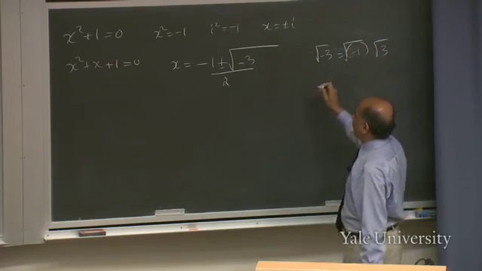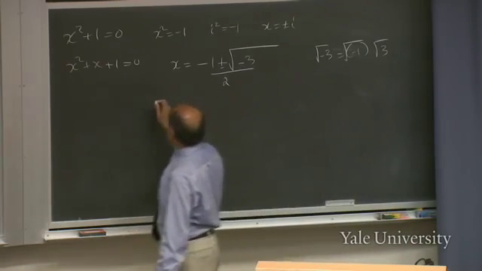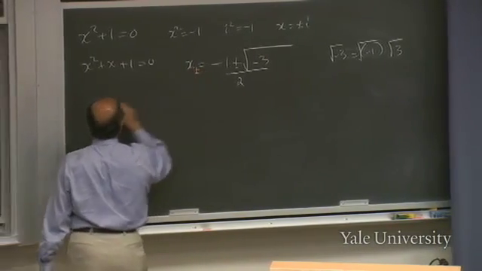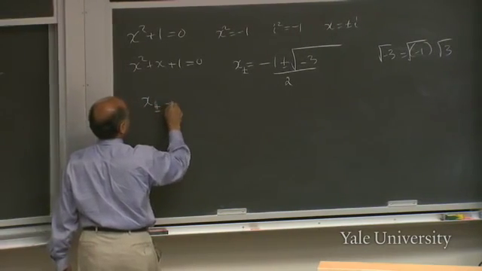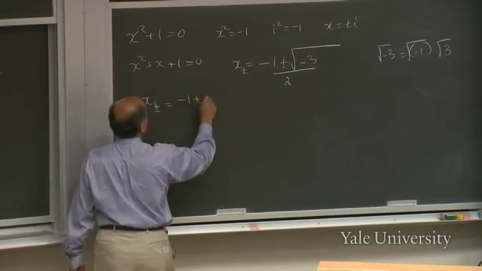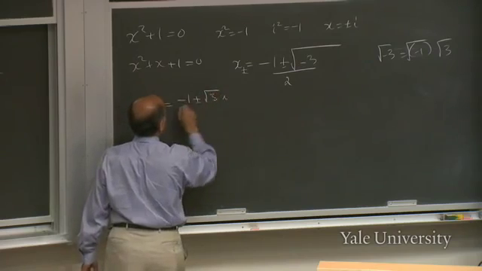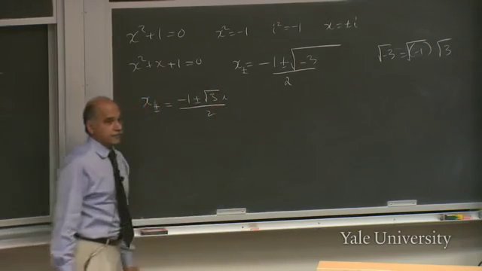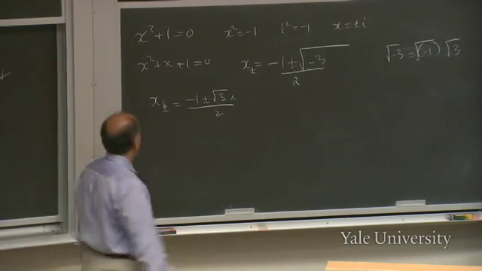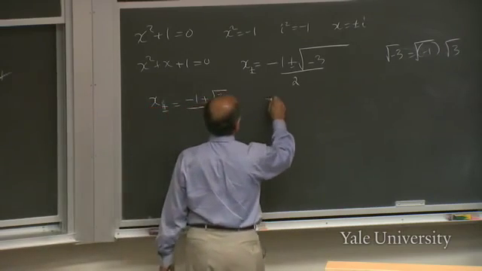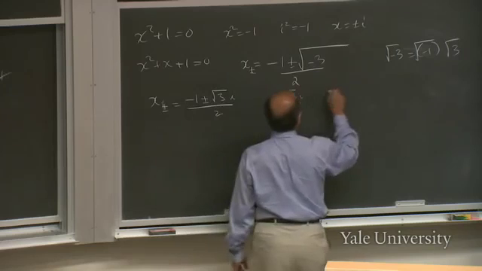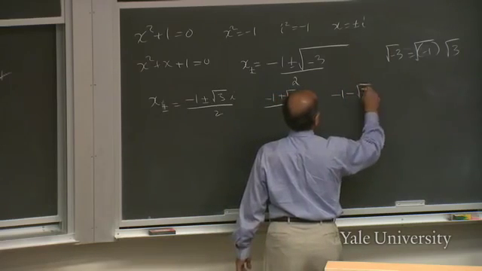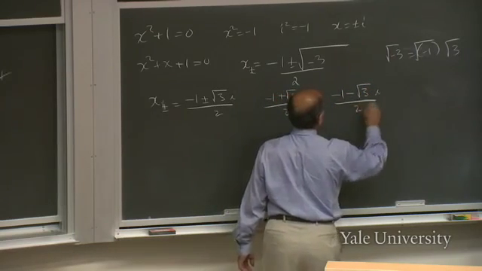The square root of minus 1 we will call i, and we will say this equation has two roots, which are minus 1 plus or minus root 3 i over 2. So one root is minus 1 plus root 3 i over 2. The other root is minus 1 minus root 3 i over 2.